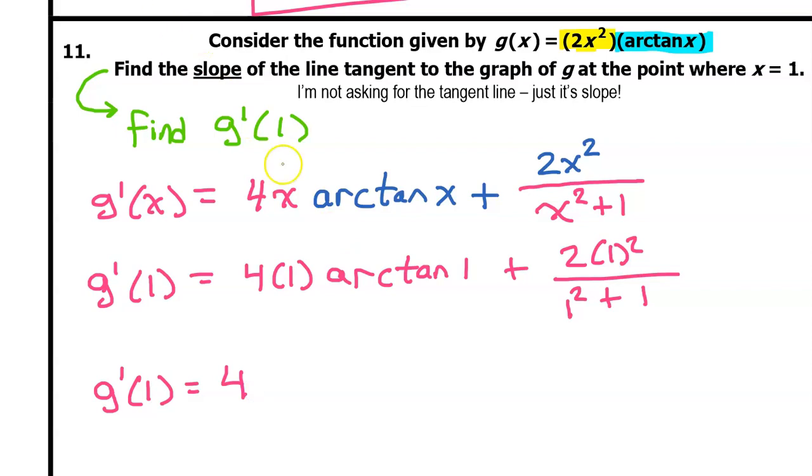When you evaluate the arctangent of 1, you ask yourself the question, the tangent of what angle is equal to 1? And the tangent of pi over 4 is 1. That's a fact that we have memorized. So that's why the value of this is pi over 4. So I'm going to go ahead and put pi over 4 right here, from the arctangent of 1. Plus, 1 squared is just 1. So I just have 2, and then here is 1 plus 1, so this will be 2.